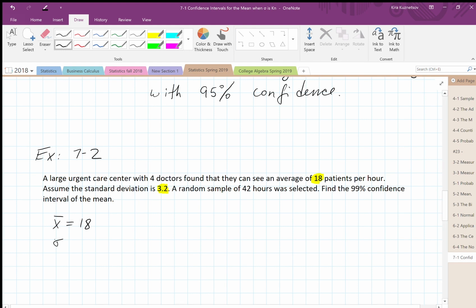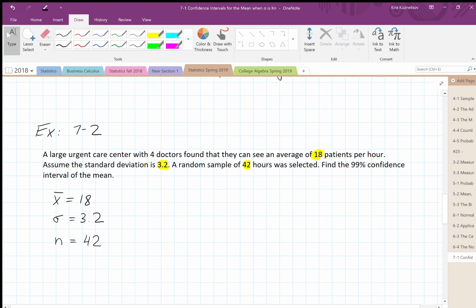I think we still need it, but we're going to label it as sigma because we're in section 7-1. A random sample of 42 gave me an n and a 99% confidence. That just means that if you're doing this by hand, you can look up the z-score that corresponds to the middle 99%.